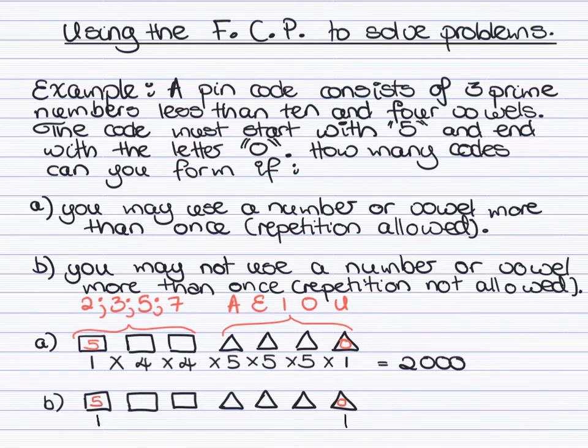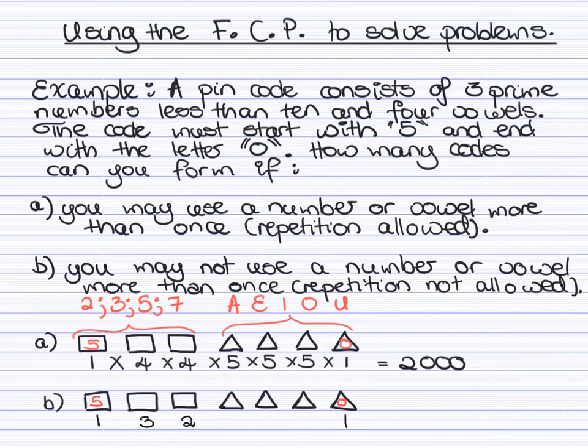If repetition is not allowed, we have already used the prime number 5. That means in the second block, we are left with 3 numbers to choose from. In the third position, we are left with 2 prime numbers to choose from because you've already used 2.